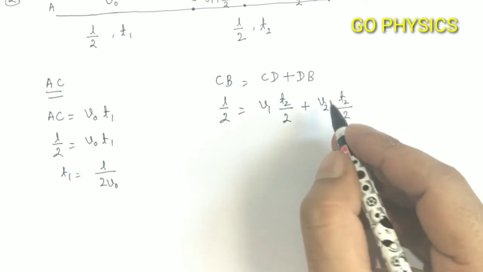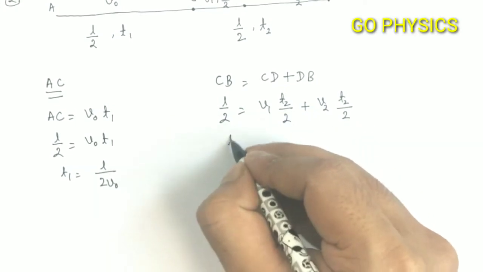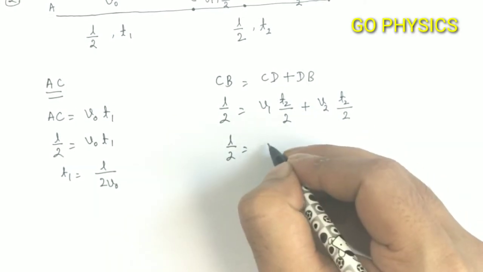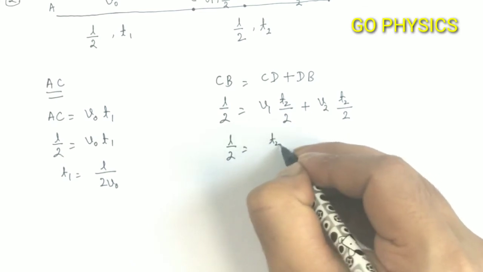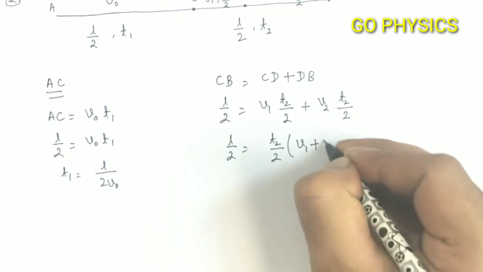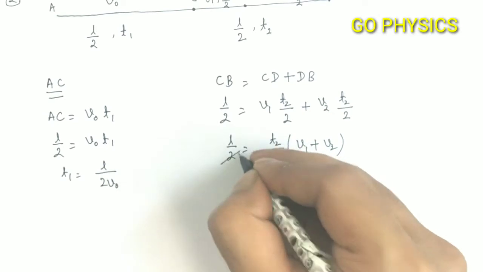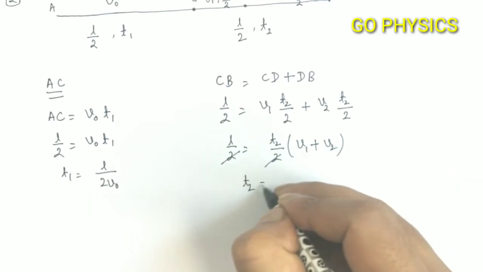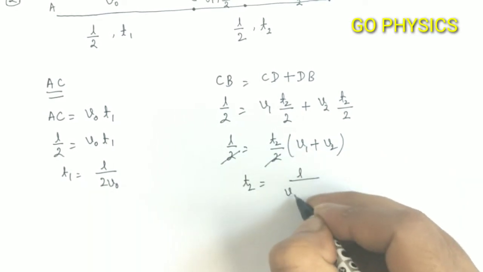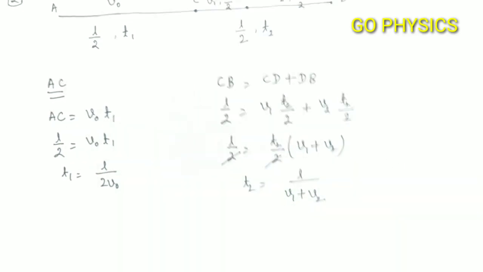From here we will calculate t2. Taking t2 by 2 common, it becomes v1 plus v2. Now the 2 gets cancelled out, so t2 equals L by v1 plus v2.